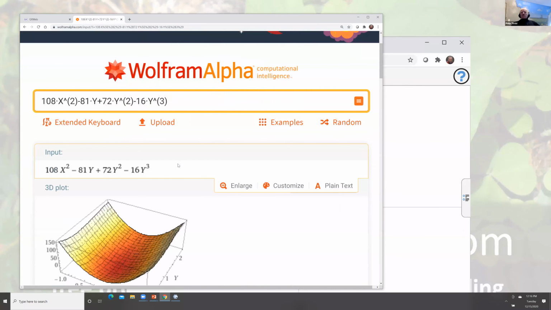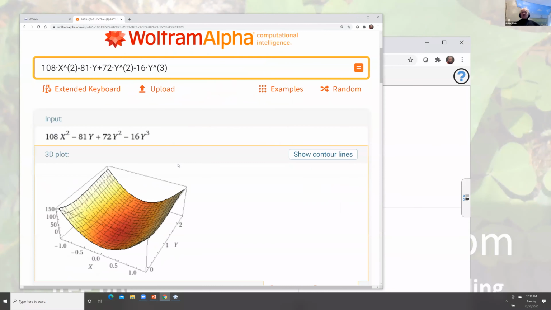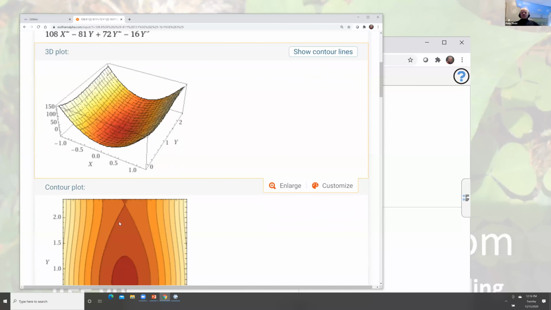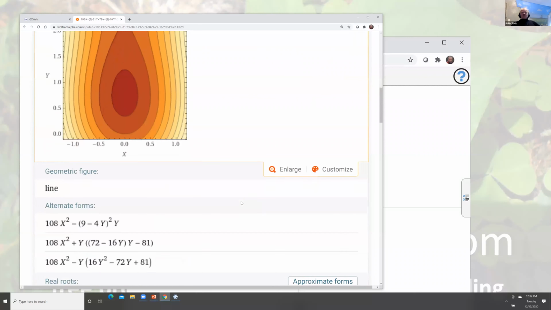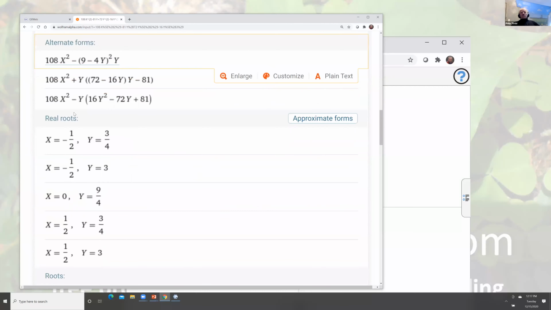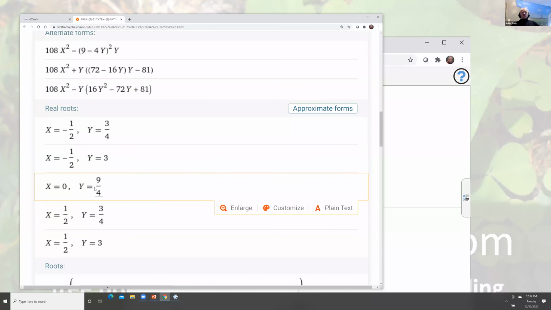So you frequently don't need to actually ask it for anything specific. So here's a picture of the expression we have, and we see, yeah, that does indeed look like what we were looking at. So nothing surprising there. Some alternate forms, but look, we've got real roots, and one of the real roots has got x equals 0. That looks exactly like what I want. Y equals 9/4.